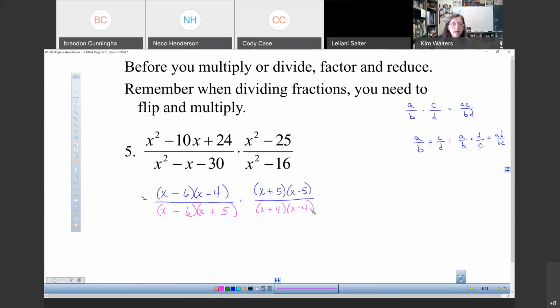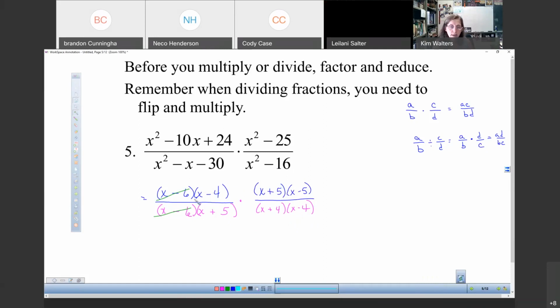Okay. So now here's where we can get a little bit, what I call creative, in terms of simplifying. Traditionally, we look at one fraction and we see x minus 6, x minus 6. We can cancel those out and life is great. Then we look and say, well, I can't cancel anything left in this fraction and I can't cancel anything in this fraction. However, because of the nature of fractions, if it's in the numerator of one and the denominator of another, you can cancel, and you're multiplying.